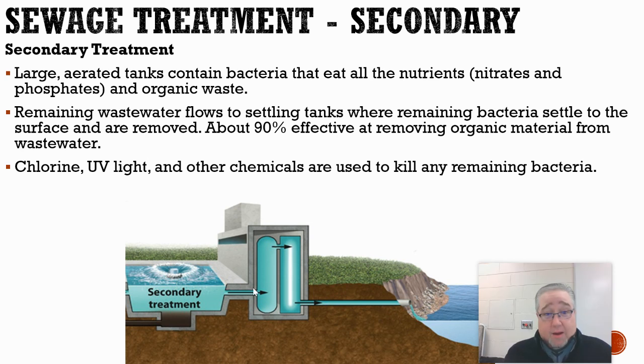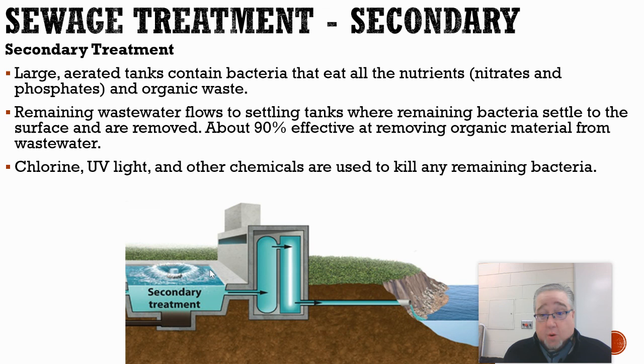Now, in addition to that, we usually have another component to the secondary treatment. They typically use chlorine. Sometimes they use ultraviolet light, maybe some additional chemicals to kill anything that's remaining in that wastewater. So by the time that water leaves this pipe and drains into a lake or a pond or wherever it's going to go, a river, a stream, that water is essentially clean.